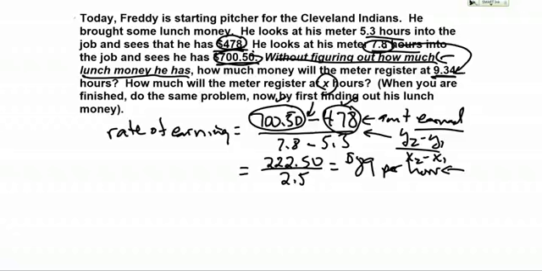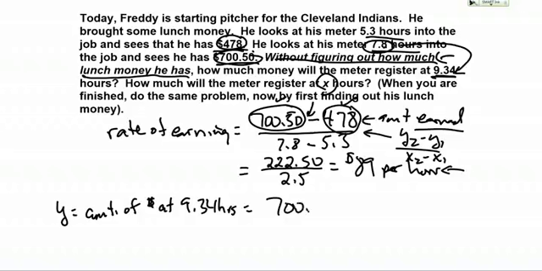So what we can do here is, the amount, again, we can call this y like before, the amount of money at 9.34 hours. We already know that he has $700.50 at some point in time. We could take this amount of money and just add what additional amount of money he earned between 7.8 hours and 9.34 hours.